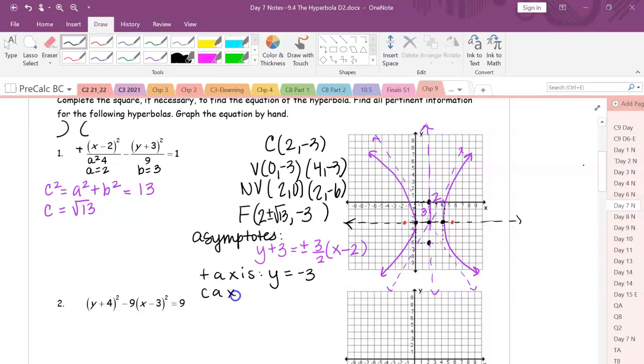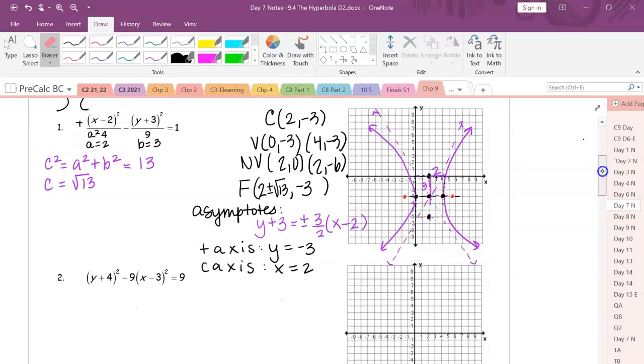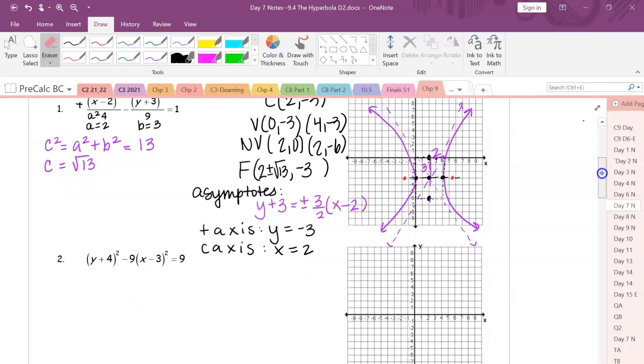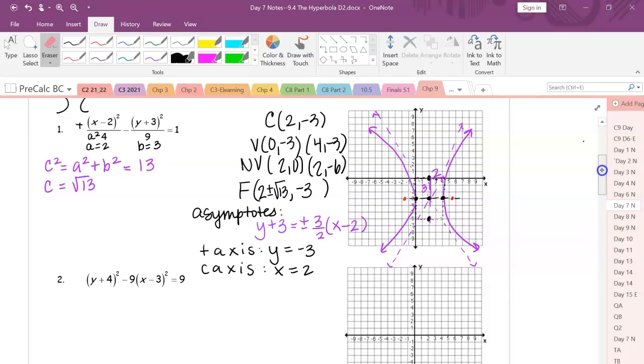And that's going to be x equals 2. Now, if you don't like how much stuff there is here, it's okay if you don't want to draw the t-axis and the c-axis, but you do need to draw everything else. I need to see the asymptotes drawn, but the t-axis and c-axis, if you just want to write them down but not put them on your graph, that's okay, because I know there's a lot on there.